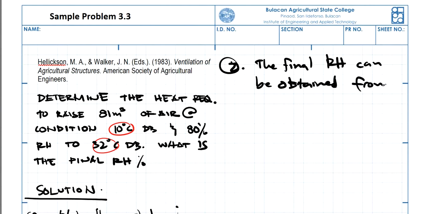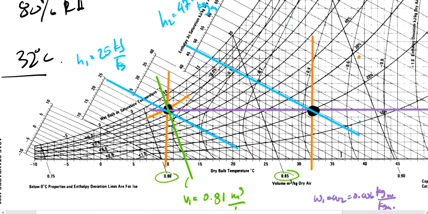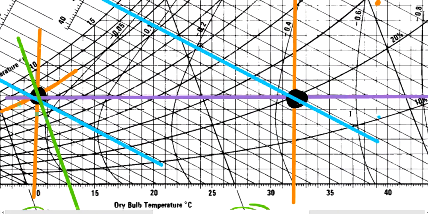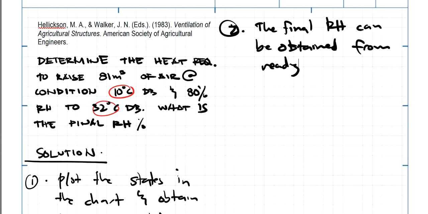Going back to our plot right here, here's our final point, and you see here that here's the RH line. That's around 20%. So RH at state point 2 is equal to 20%.